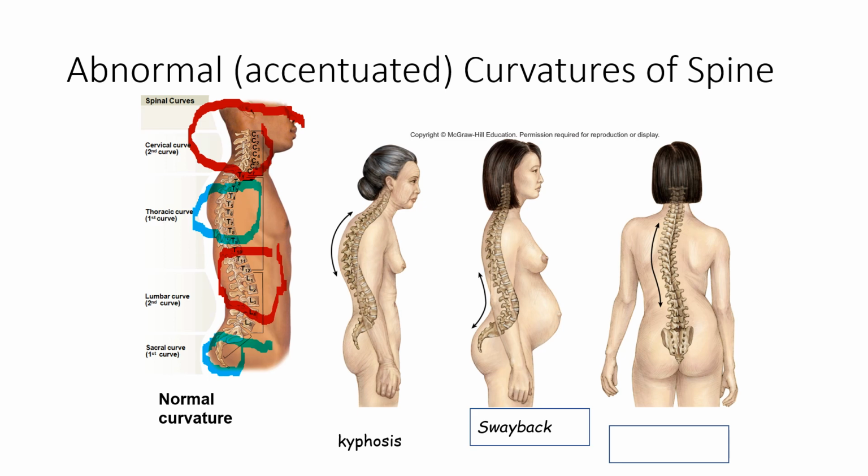The condition is known as swayback or lordosis. In the farthest right image, you can see the spine deviates to the side, and this condition is known as scoliosis. So in scoliosis, there's lateral deviation of the spine.